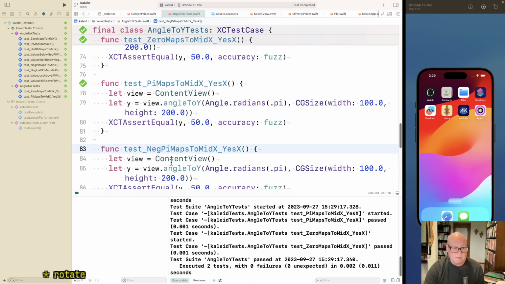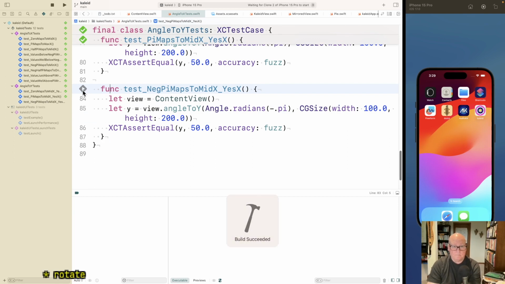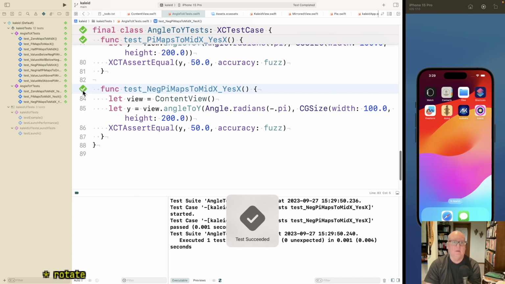Neg pi maps to mid X. Okay, so radians minus pi, and I would hope this would pass. Good. All right.